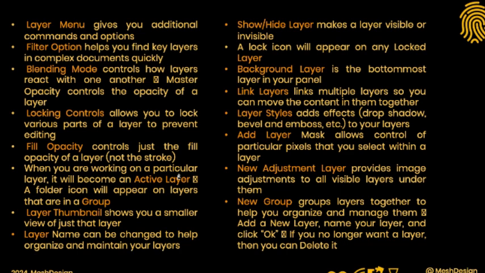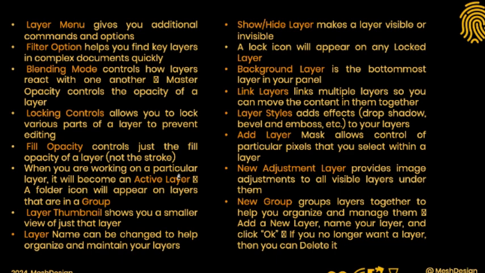And then add layer mask allows control of particular pixels that you select within the layer. Okay. And then new adjustment layer provides image adjustment to all visible layers under them.